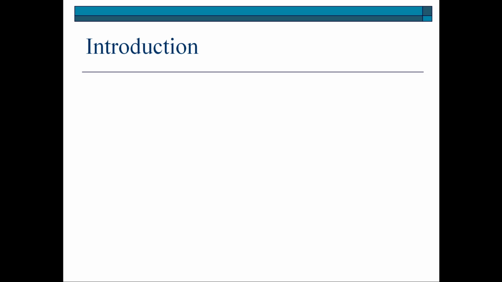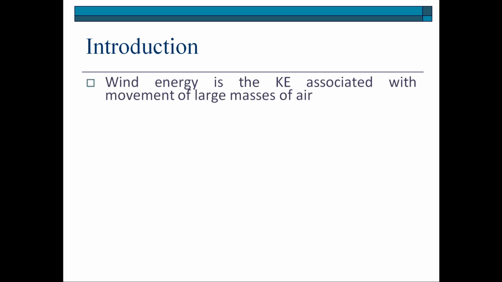So, in one sense, wind energy is another form of solar energy, right? It is a kinetic energy. Wind energy is a kinetic energy associated with movement of large masses of air.